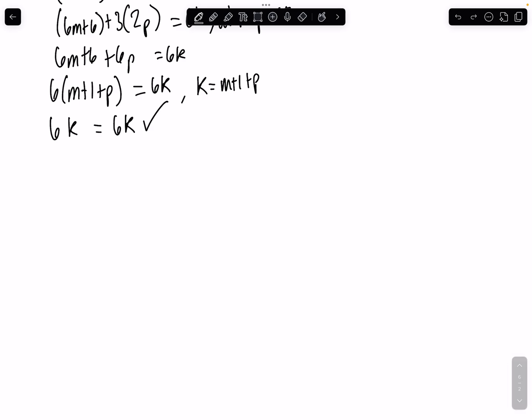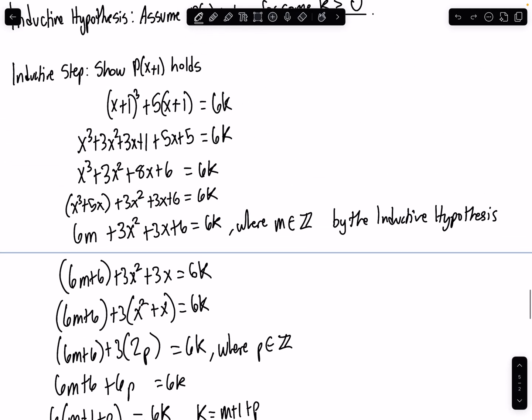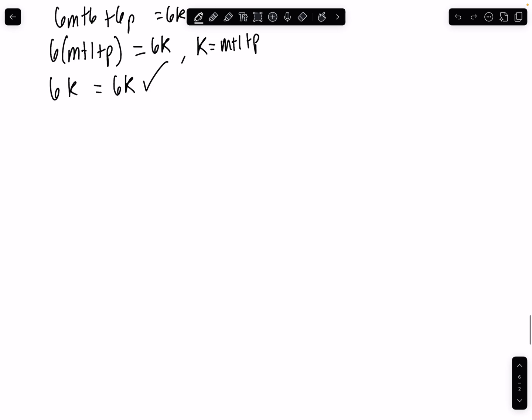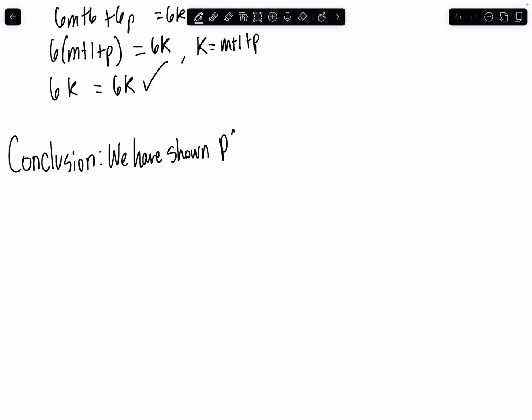So we've done it. We've finished. We've concluded our inductive step. And the final piece of our inductive proof here is to just formalize our conclusion. This is once again a formula that can be put inside your skeleton. You always start it with, we have shown P of n holds for all n in the natural numbers.